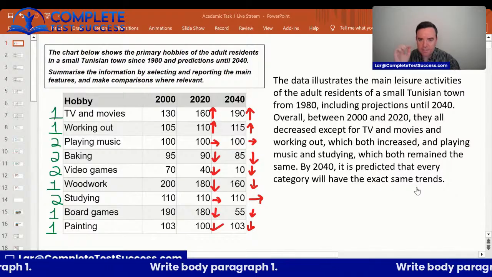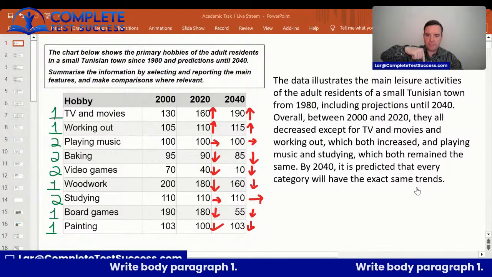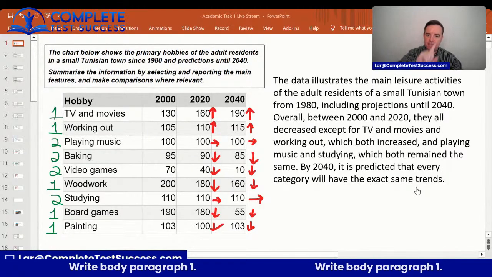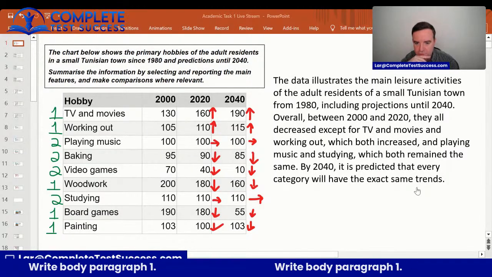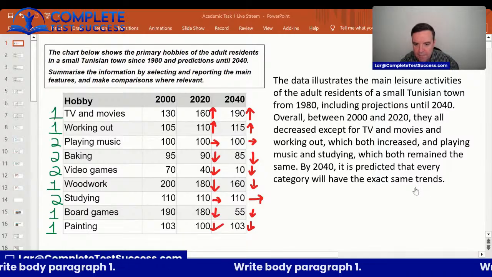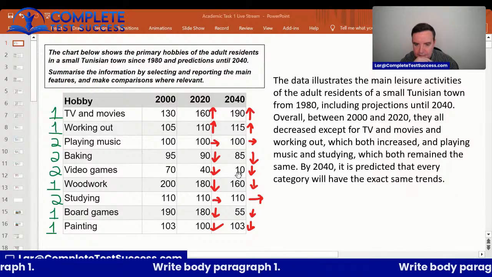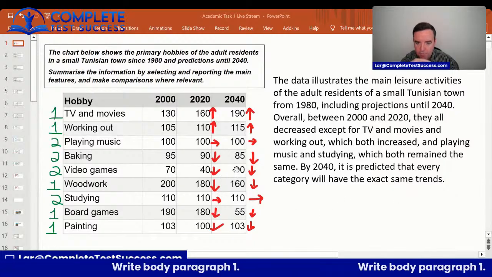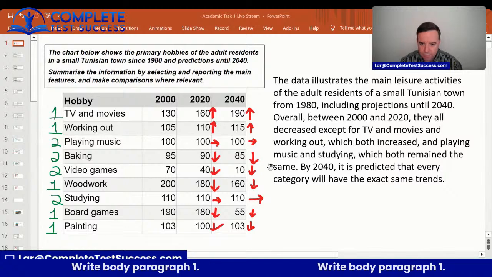It sounds like you're trying to say some categories decreased between 2000 and 2020, and then they're expected to increase between 2020 and 2040. And I'm looking at the data again to see, did I make any mistakes? And I guess I did. Painting went down and then went back up again. So that one is wrong.